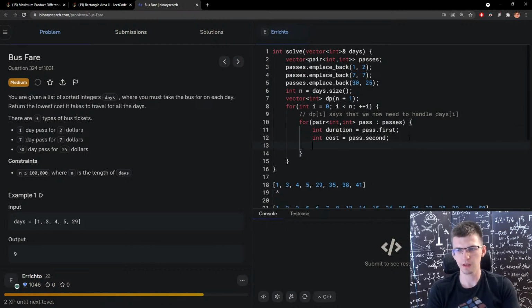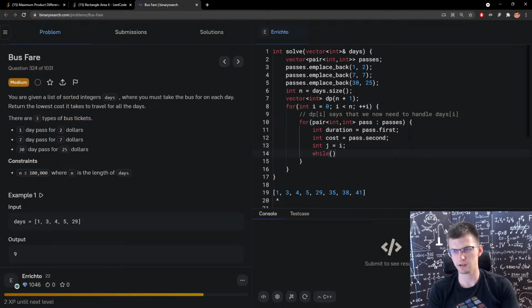Okay, now, when I start a pass at days of i, and it has some duration, where will it end? I will end at j, while days of j still doesn't exceed this, j++.